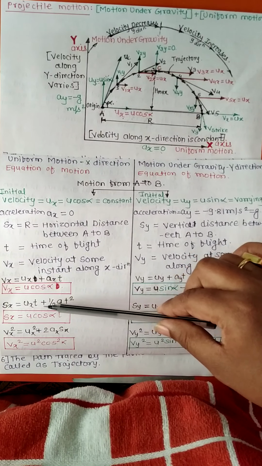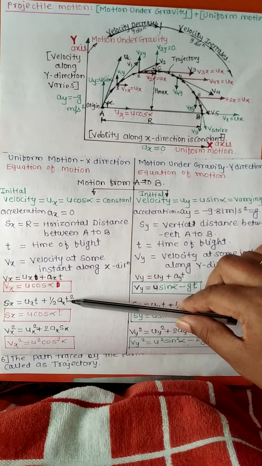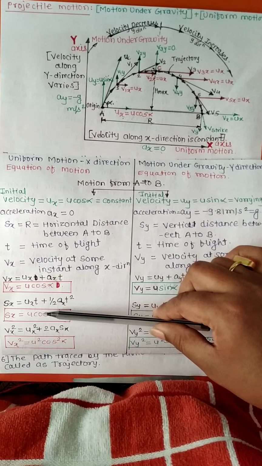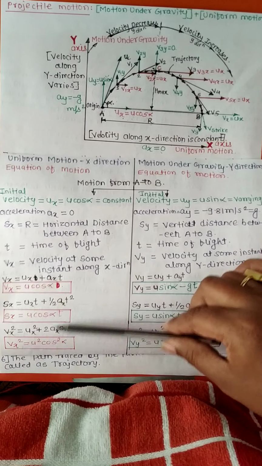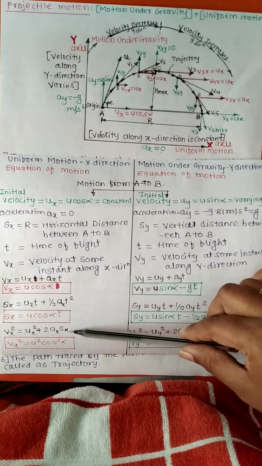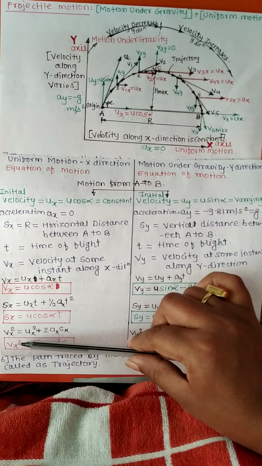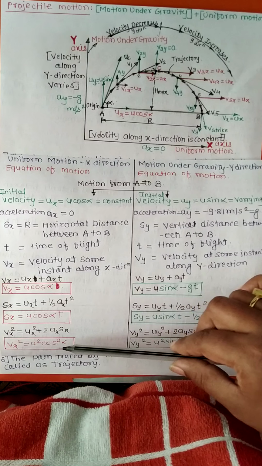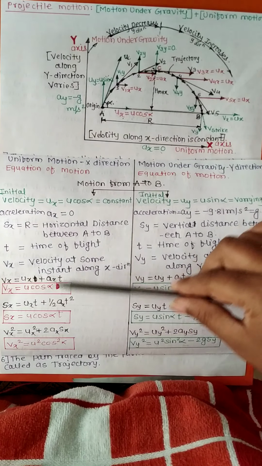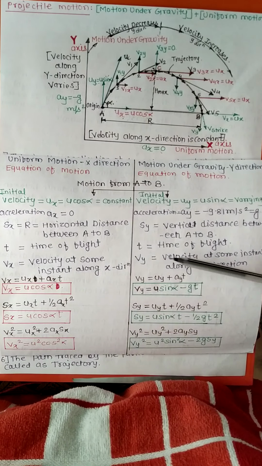The equation S equals ut plus half at square will be defined as Sx equals u cos alpha into t. Vx square equals u square plus 2as. In the x direction we can define ax as 0, with that Vx square equals u square cos square alpha. These are the three equations of motion along the x direction.